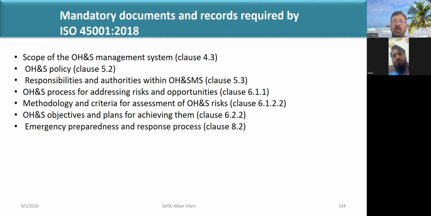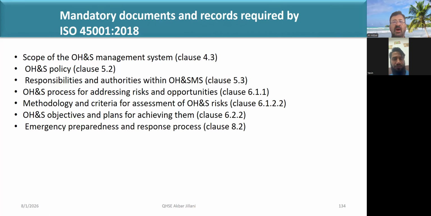If it is old, initial date will also be there. Responsibility and authority 5.3, they will have a procedure, and roles and responsibilities, and a management representative will also be there.